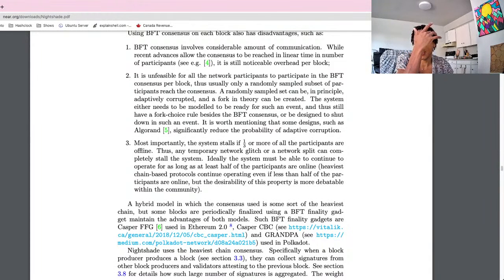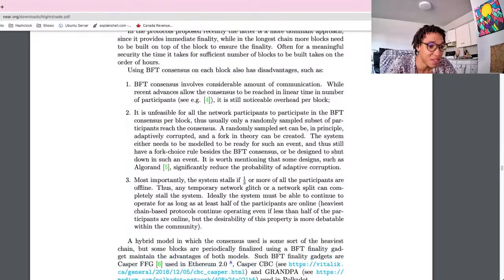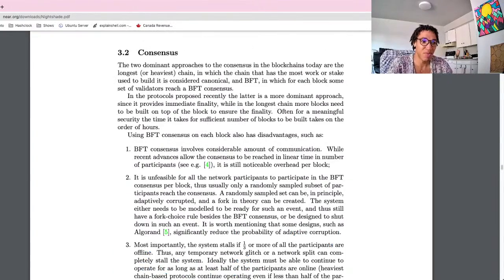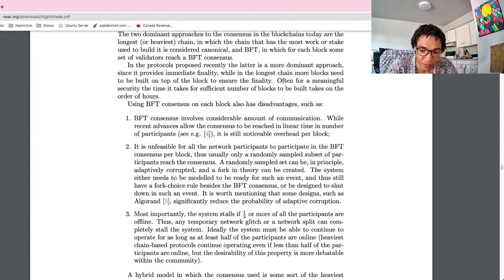I guess Ethereum kind of uses a mix of the two, right? You have Ghost, where you put weight on these blocks, and then you pick the longest chain with the most weight, and then eventually you finalize that, and it never changes.